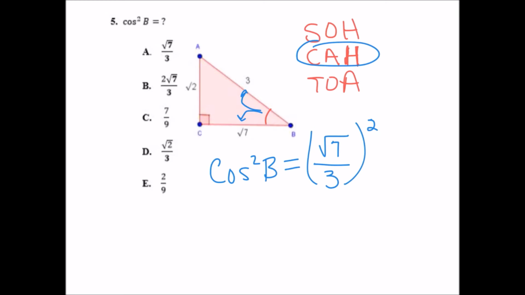If you're going to square the whole thing, you square the top and the bottom. So the nice thing about that is the square root of 7 squared is just going to give you 7. And 3 squared is going to give you 9. So the correct answer is 7/9, C.